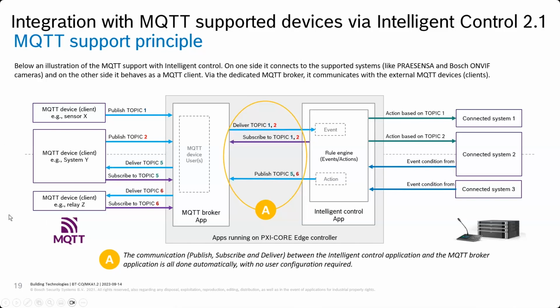That's how the feedback goes back and is delivered to your MQTT client here. So this is the principal communication process of MQTT: always having a topic and a subscription, and that way you can forward it inside the PXI-Core Intelligent Control app.